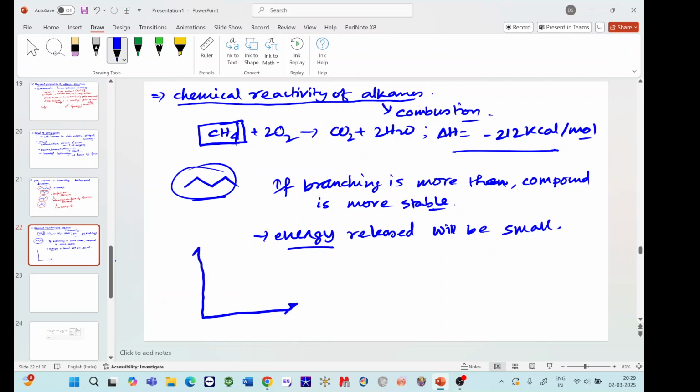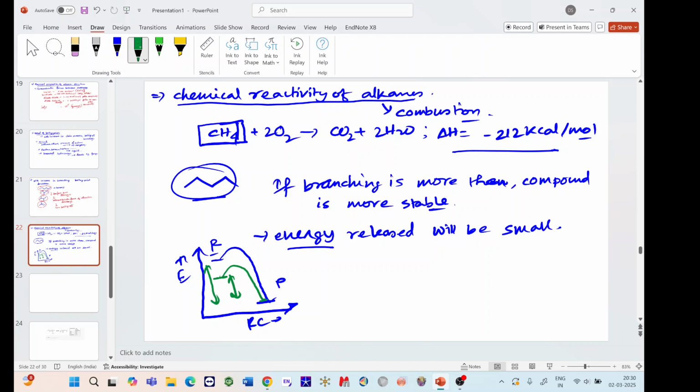So how can I show this? Say something you have like this. Okay, this is your primary. So this is your reactant. This is your product. This is your energy axis. This is the reaction coordinate. Now, if you have something like here, which is coming to this, what is the energy difference you have? Here you have much more energy compared to this one.